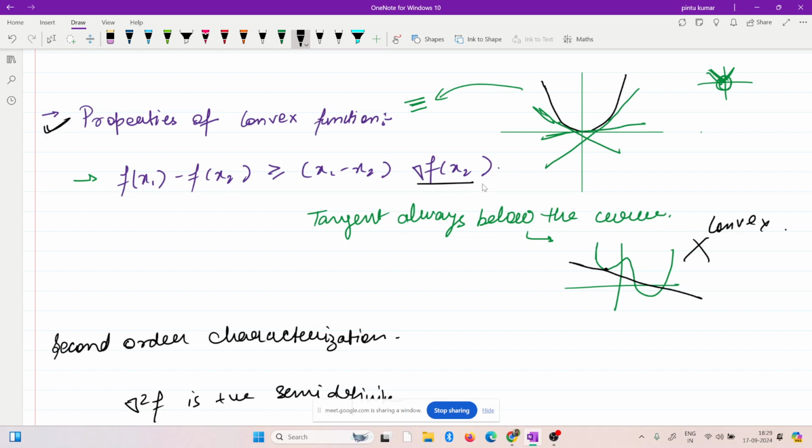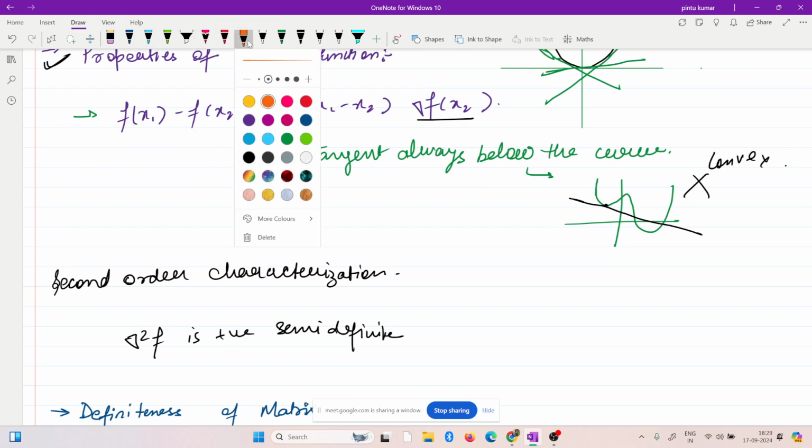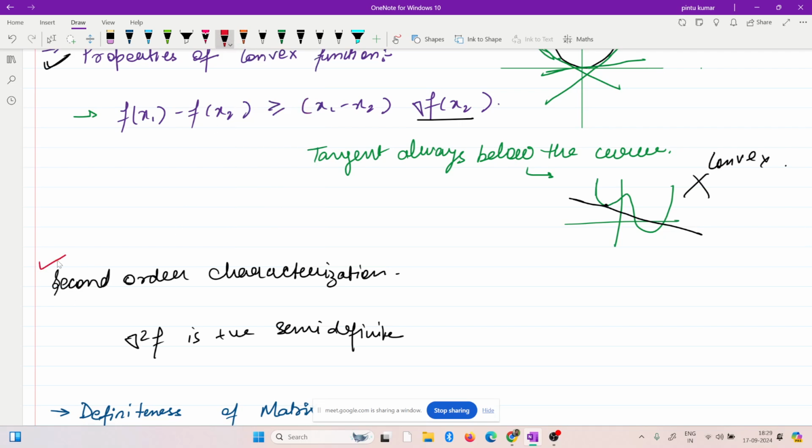This was by gradient, and the most useful one, I would say, or the easiest to check whether a function is convex or not, is the second order characterization, that is via the Hessian. Last time we covered what the Hessian is. If you have calculated the Hessian matrix of a function, and it is positive semi-definite, then your function is convex.